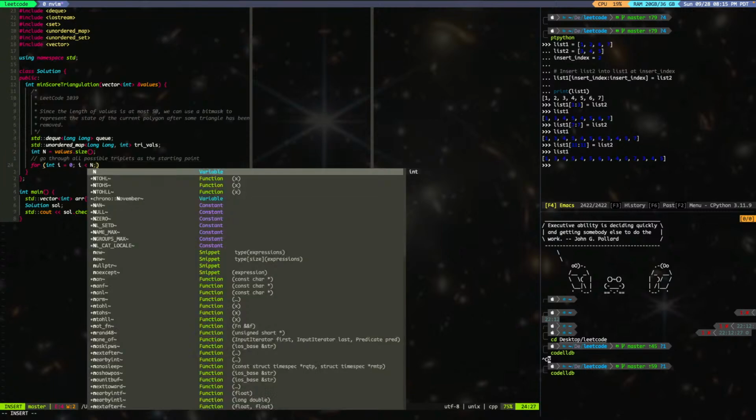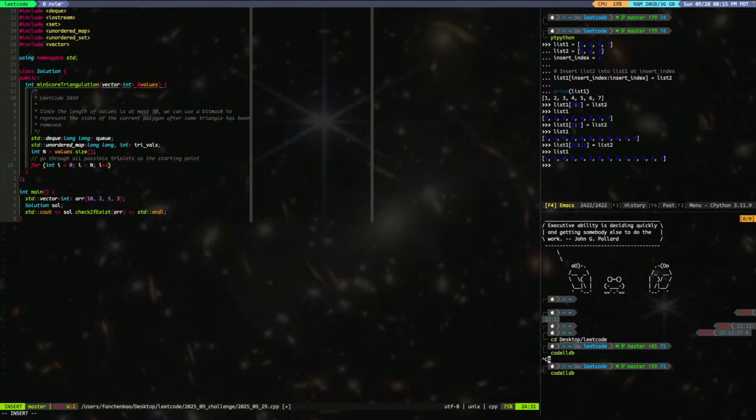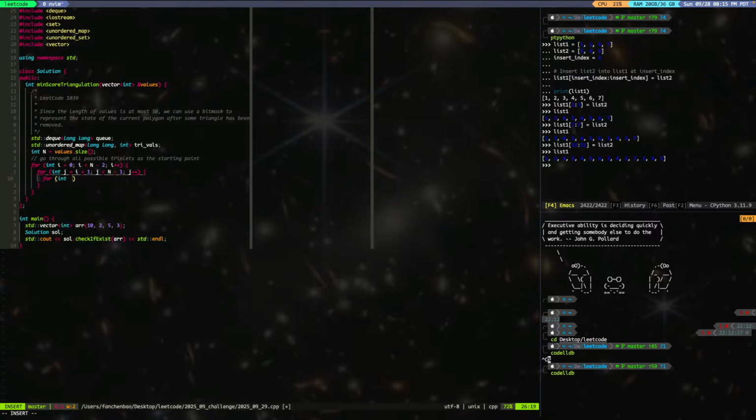That's not right because I need 3, so it should be n minus 2. So that's the start. I need a j, it's going to be i plus 1, j smaller than n minus 1, j plus plus, and then the last one is int k, which is j plus 1, k smaller than n, k plus plus.